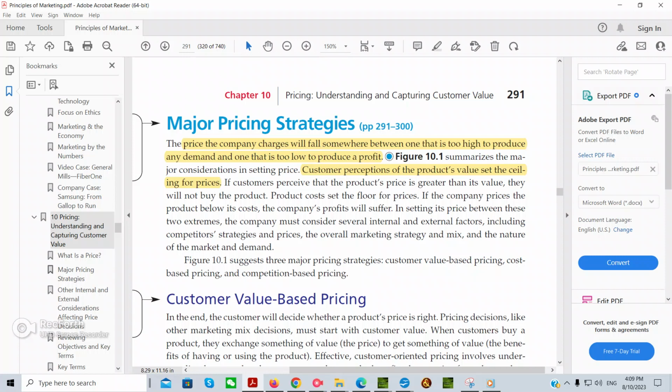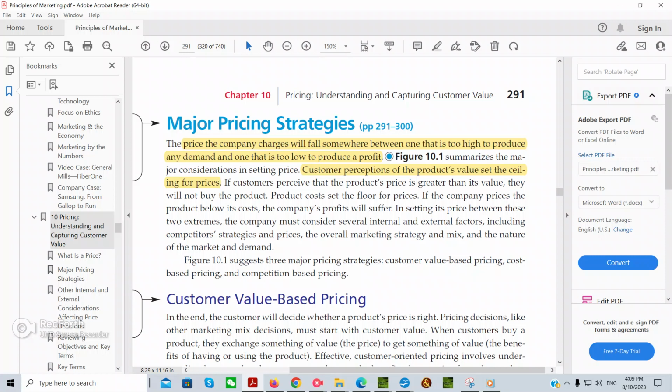Product cost sets a floor for prices. So obviously you have to charge at least a minimum of whatever it costs to produce the product. If the company prices the product below its costs, the company's profits will suffer.